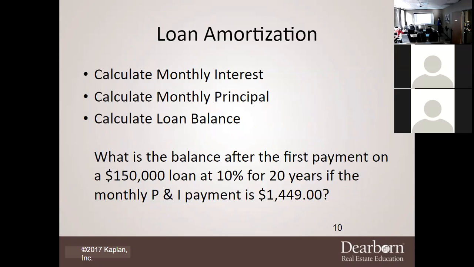Loan amortization. Again, they will ask you sometimes to calculate the monthly interest, the monthly principal, or the loan balance. So they'll give you a question such as, what is the balance after the first payment on a $150,000 loan at 10% for 20 years if the monthly principal and interest, P&I, payment is $1,449.